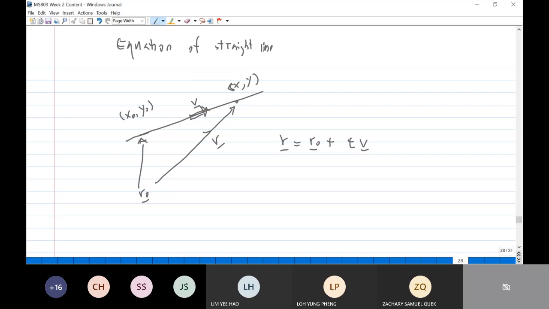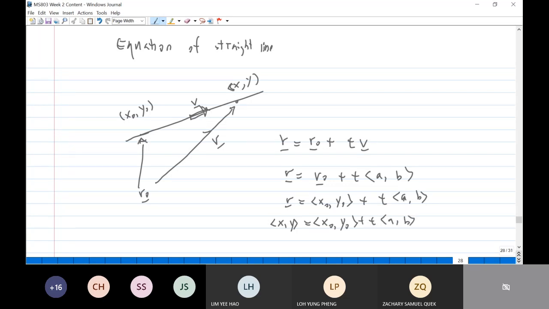So usually r is equal to r0 plus tv. v is usually a vector with components a, b. The fixed point is x0, y0, plus t(a, b). So if the general point is x, y, then x, y is x0, y0 plus t(a, b).